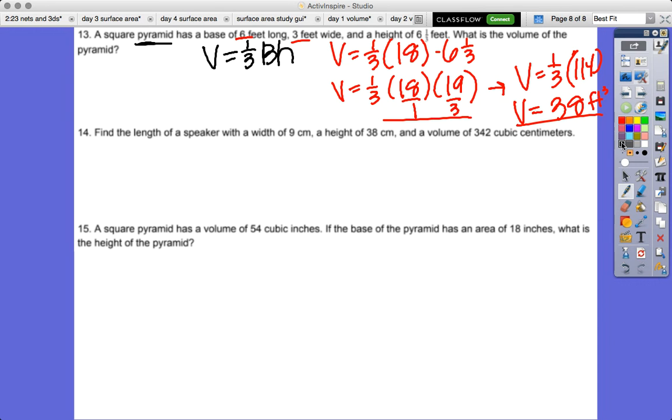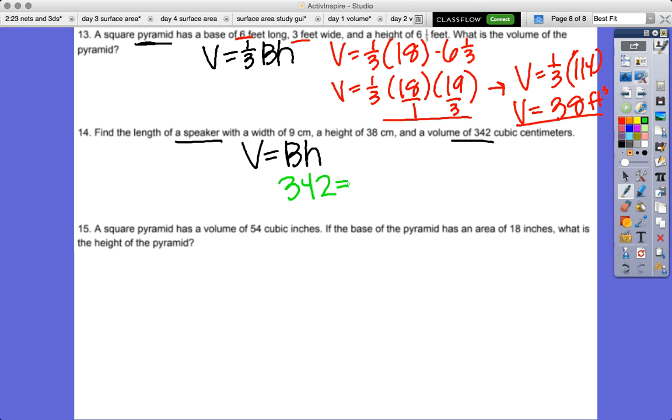Number 14 says to find the length of a speaker with a width of 9 centimeters, a height of 38 centimeters, and a volume of 342 cubic centimeters. We're going to assume this is a rectangular prism. So we're already given the volume, and we know that we're going to use volume equals area of base times the height. So the volume is 342.